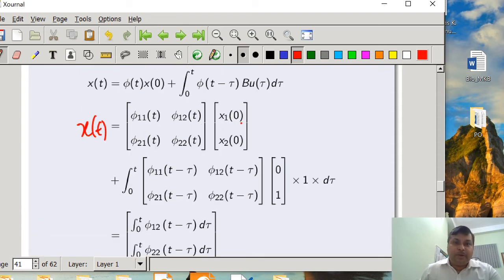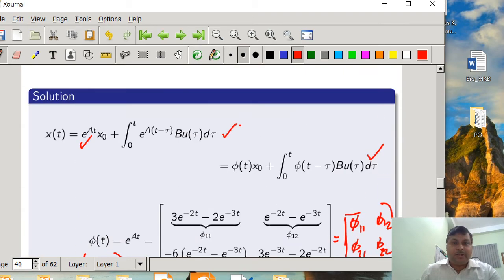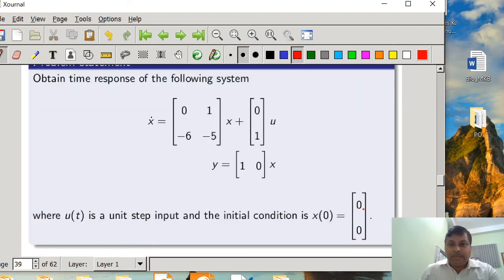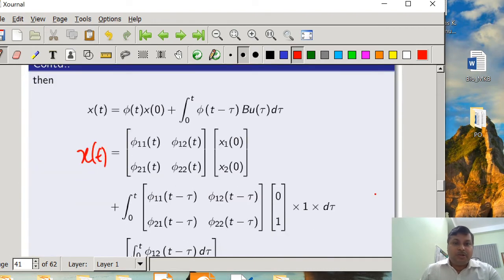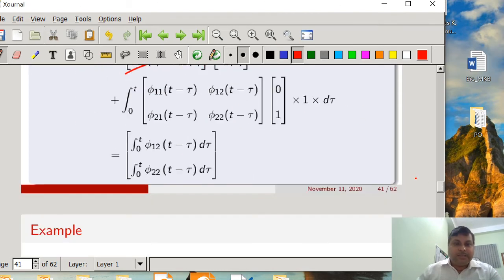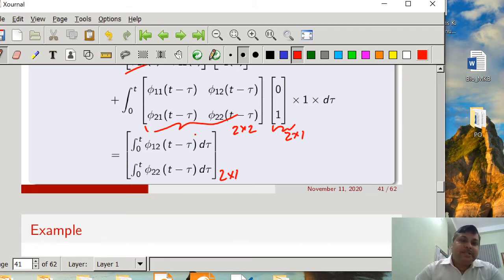And if you compute, because here the initial conditions x10 and x20 are given as 0, 0, this term is going to vanish. And if you do the rest of the calculation, it is a 2 by 2 matrix multiplied by a 2 by 1, so ultimately you will get a 2 cross 1 matrix, which is like this.